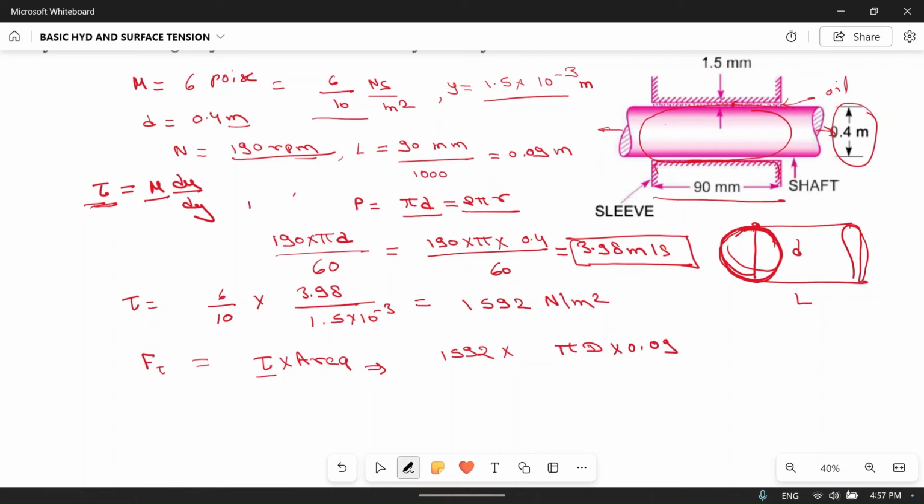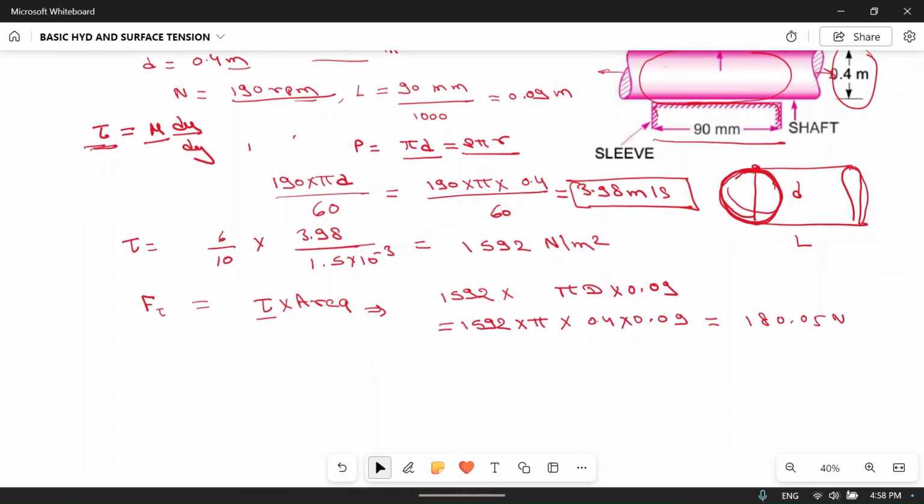So if you put the value, it will be 1592 into pi, which is 3.14, into diameter 0.4, into 0.09. Okay, so if you calculate this, then we will get 180.05 Newton. This is the shear force which is offered on the surface of the cylindrical shaft.